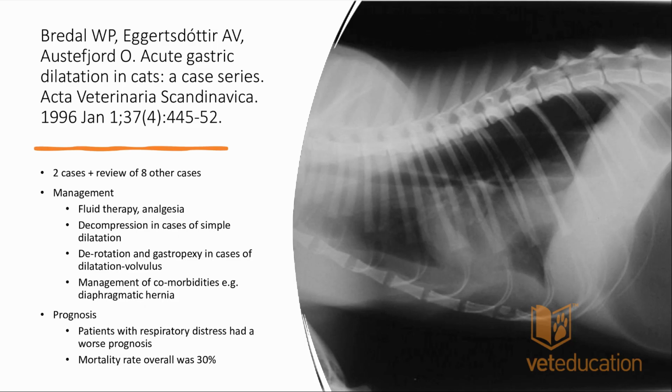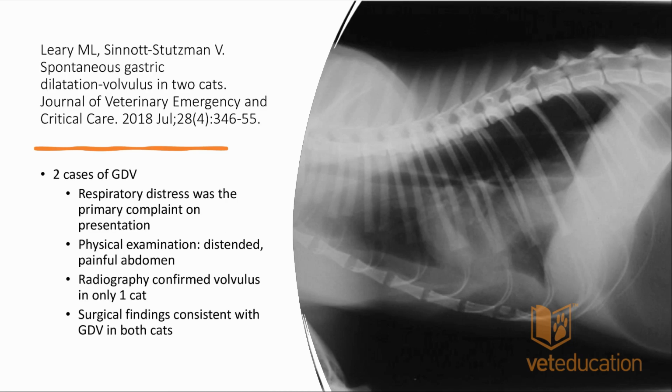This is really important, and thoracic radiographs can be quite important because diaphragmatic hernia certainly was a problem in one of these cats. Okay, prognosis: patients with respiratory distress had a worse prognosis than patients who didn't have respiratory distress, but overall mortality rate was around 30%, so still a 70% chance of survival if you can manage these patients well.